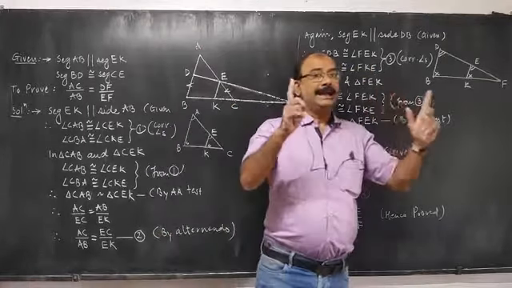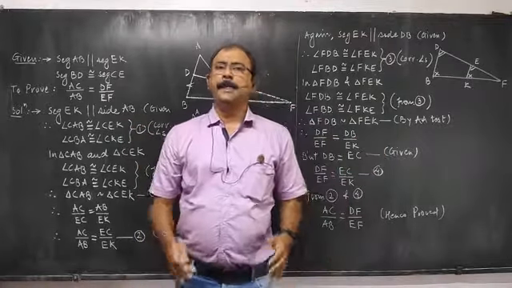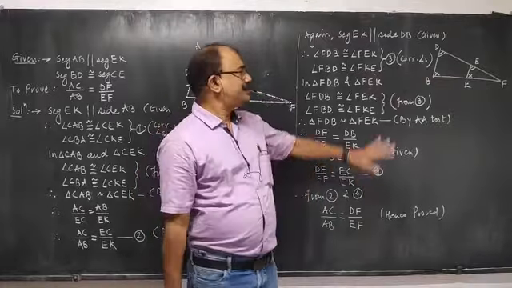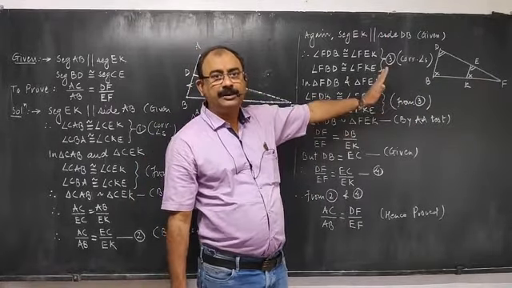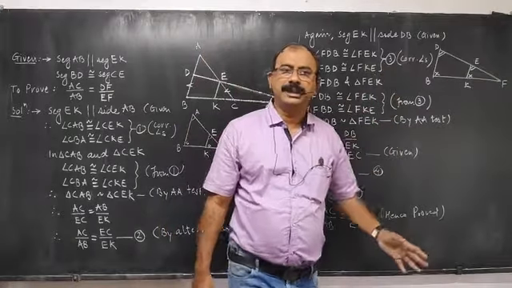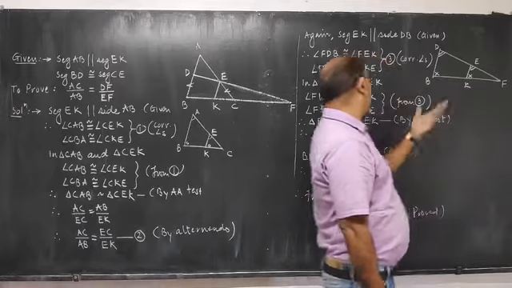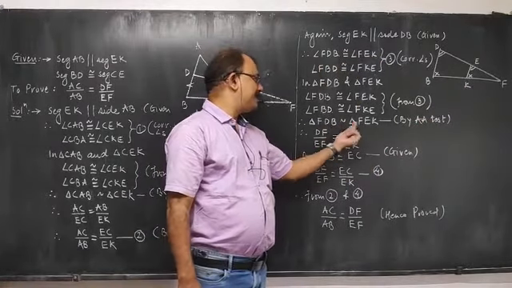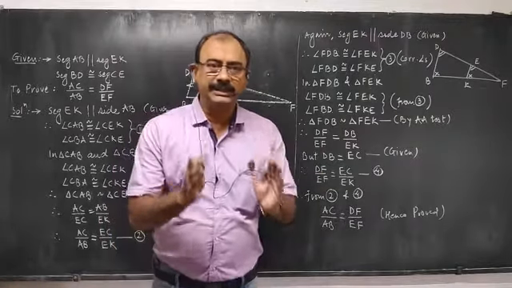So again, I tell you that there are certain hidden results which you have to use. As soon as you see a triangle in which one segment is drawn parallel to one side, immediately the triangles are similar. FEK will be similar to FDB. Same thing we have written. FDB is similar to FEK. Again, the triangles are similar.